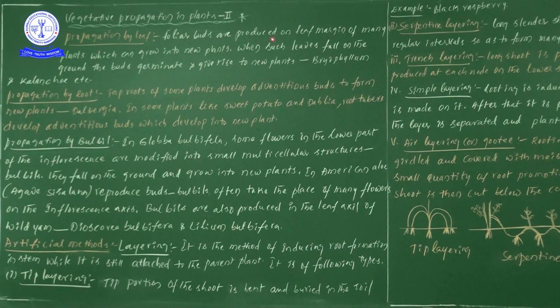Foliar buds are produced on the leaf margins of many plants, which can grow into new plants.